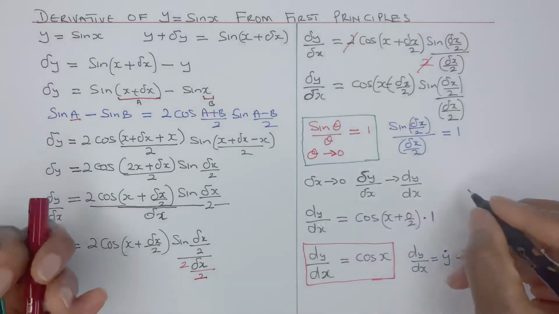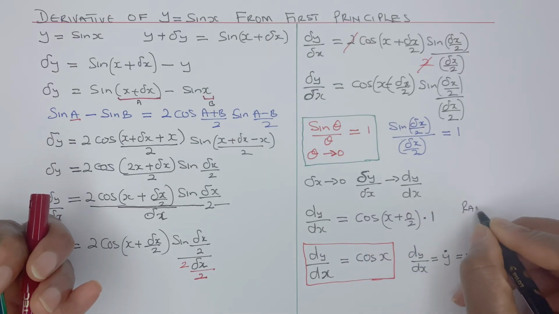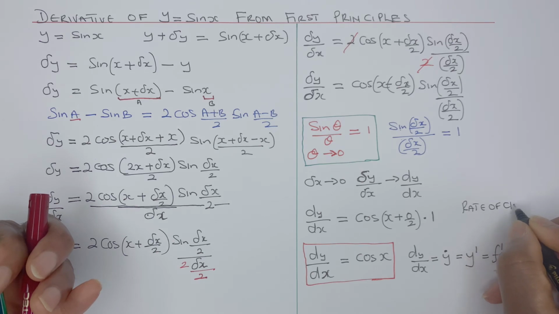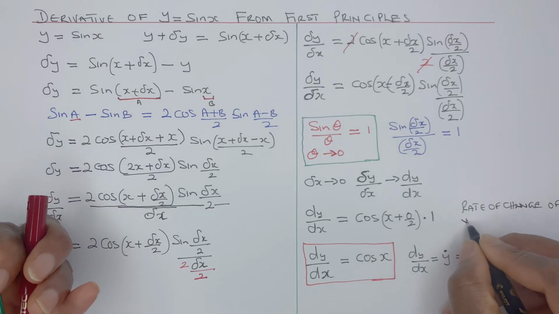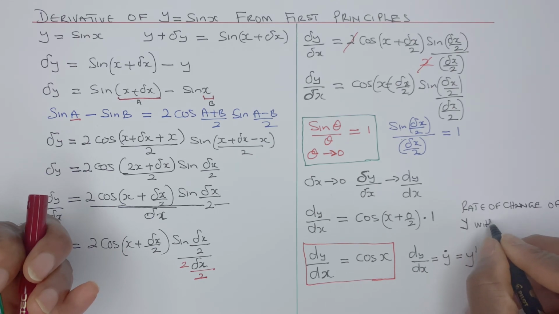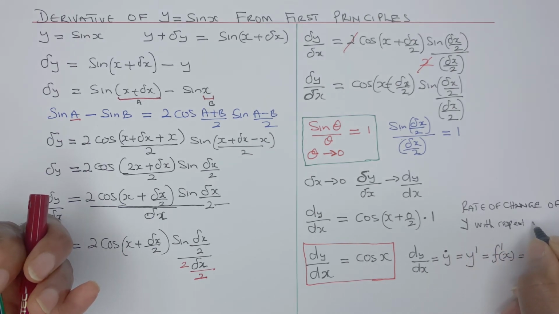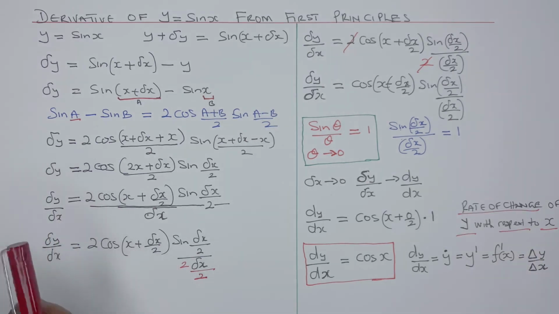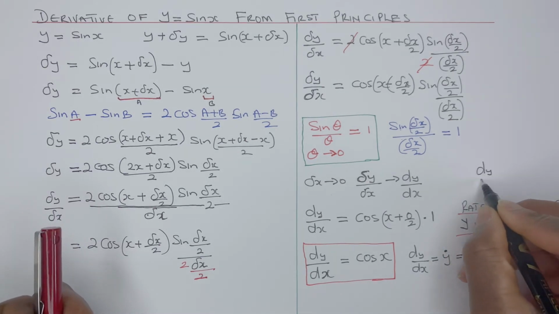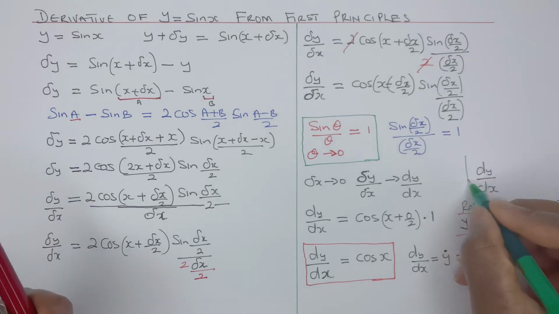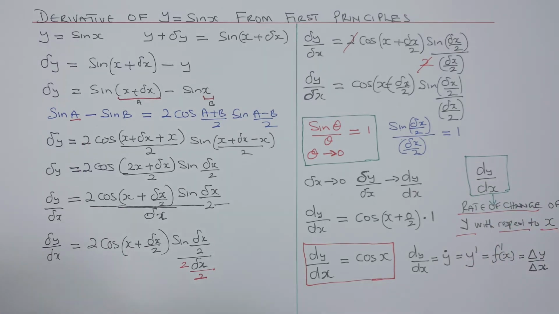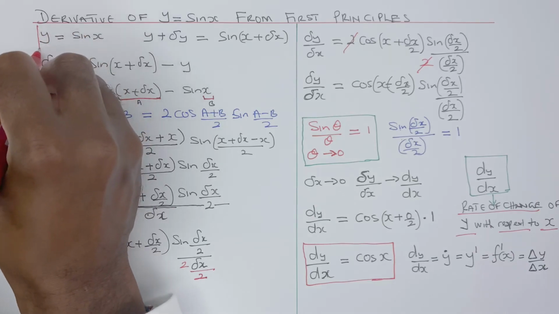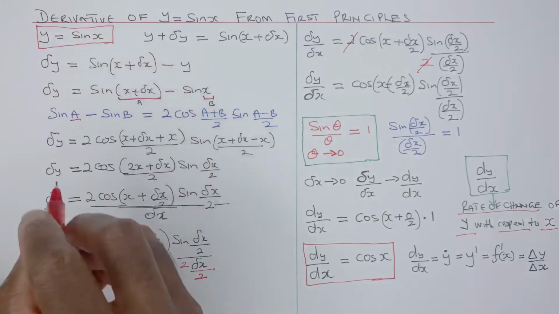So sometimes we write it as the rate of change of y with respect to x, and that is dy dx. So the answer we're looking for is that the derivative of y equals sin x is cos x.